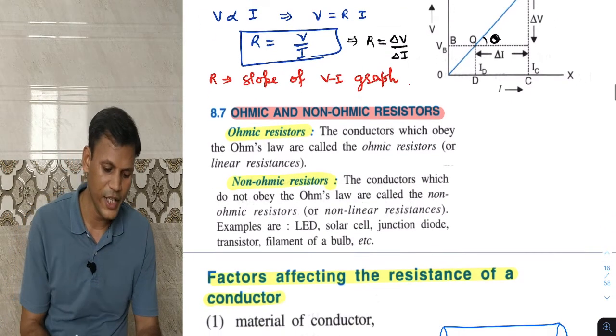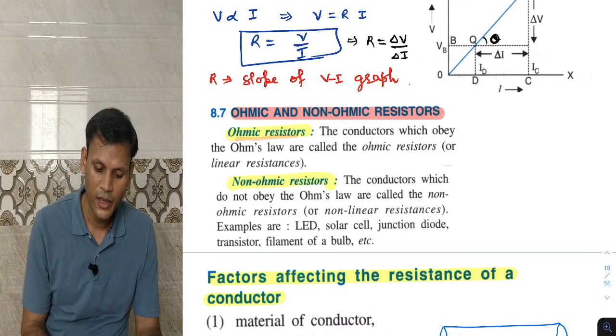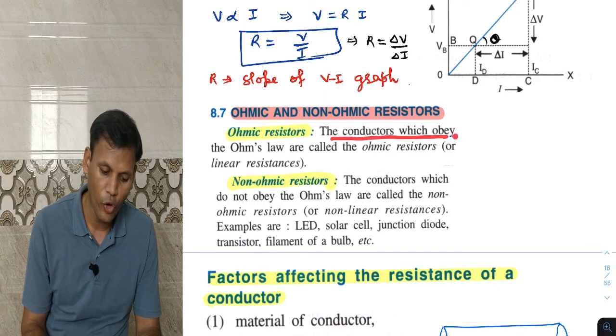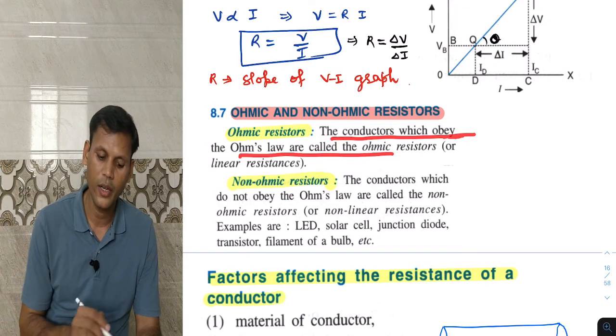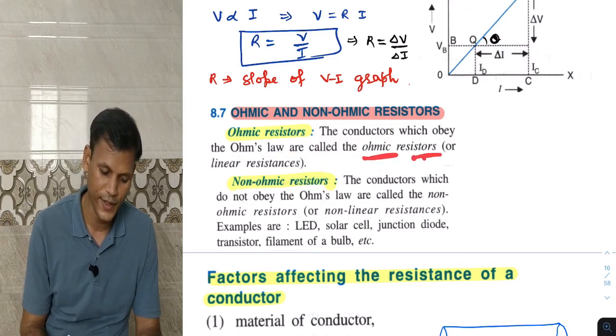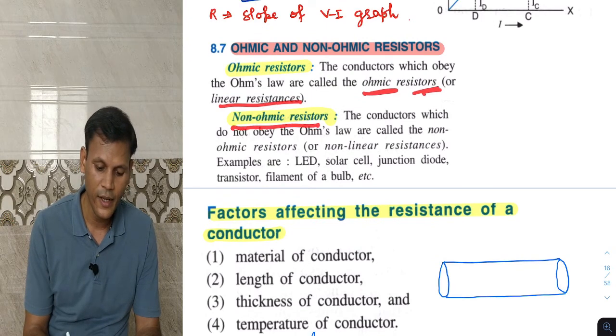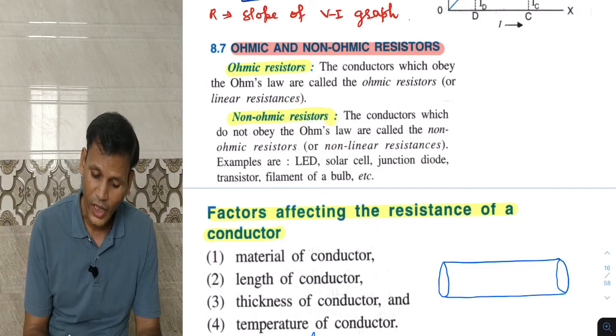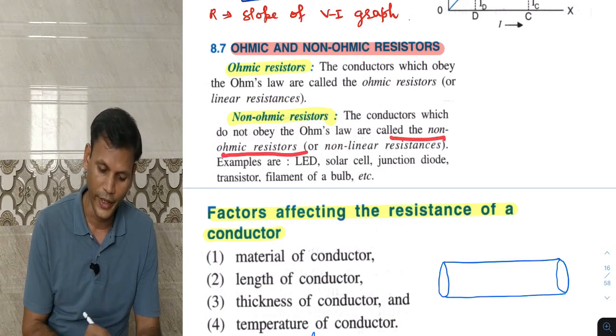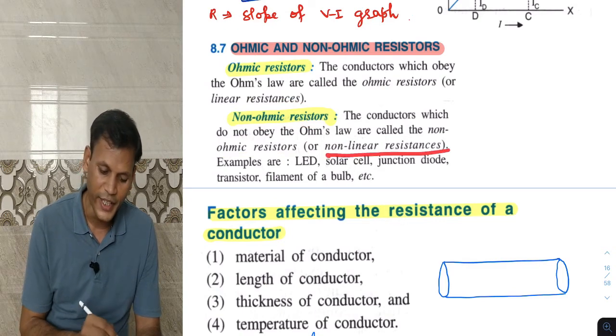Ohmic resistors, the conductors which obey Ohm's law, are called ohmic resistors or linear resistances. Non-ohmic resistors, the conductors which do not obey Ohm's law, are called non-ohmic or non-linear resistances.